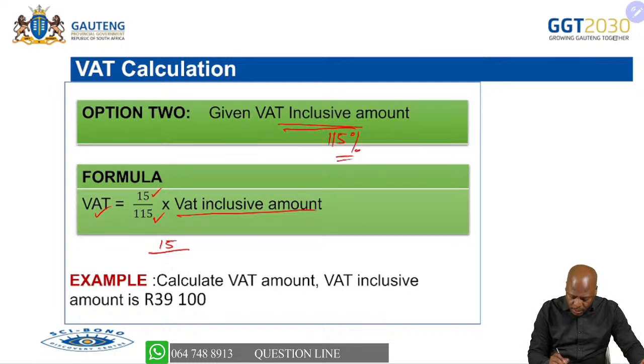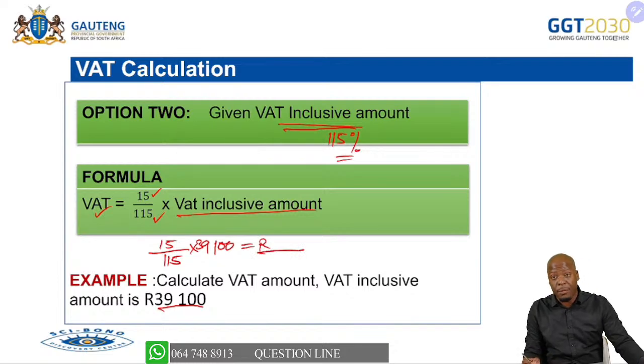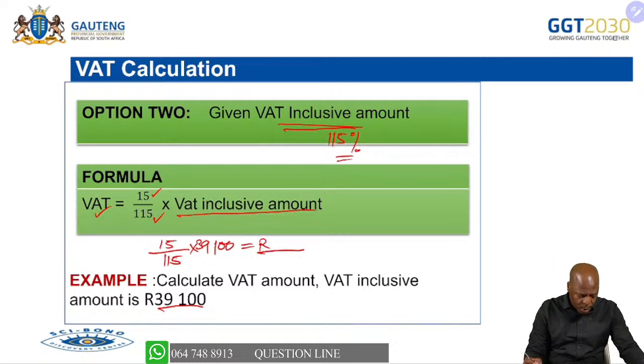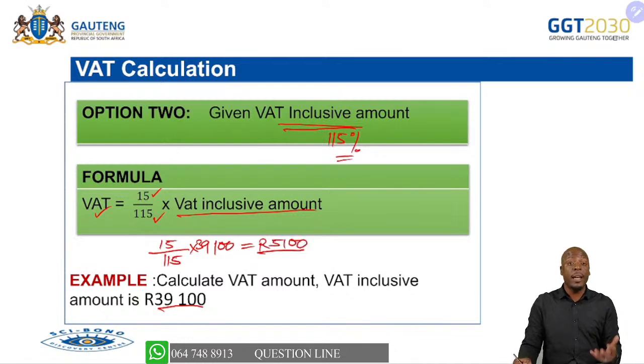So I want 15, I have 115, multiplied by 39,100. Please punch that in your calculator. You would find that you get an amount of 5,100. That becomes your VAT amount.